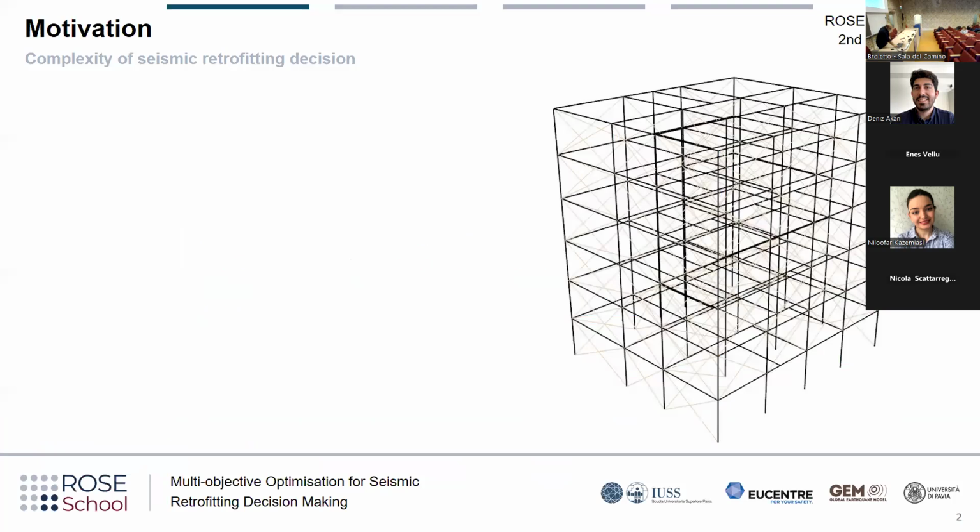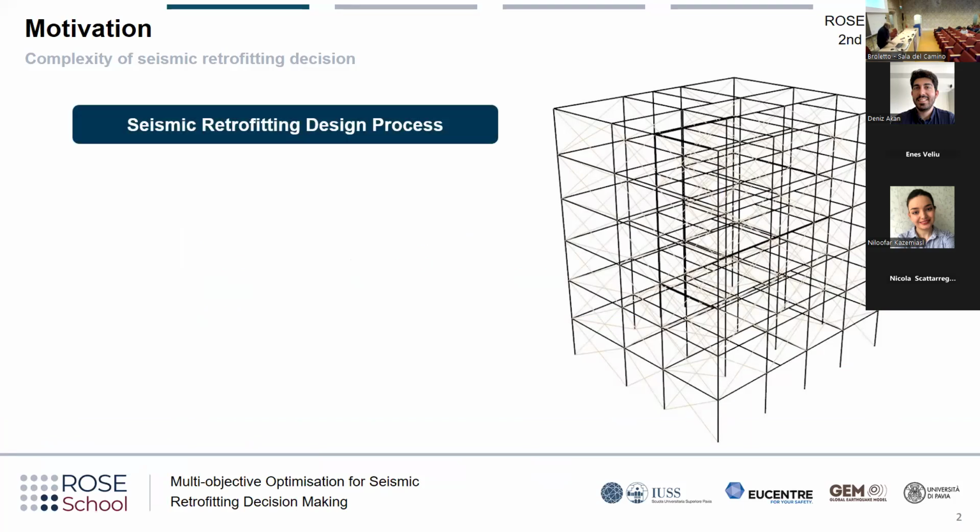So, first, I need to explain the motivation and the complexity of the problem itself. Imagine we have a building and we want to retrofit it. We have two main aspects in this circumstance. The first one is the constraints. We are constrained by the physical laws and also the code compliance.